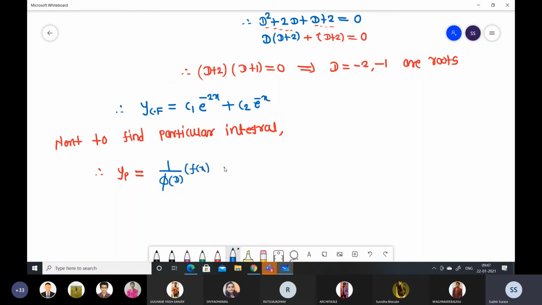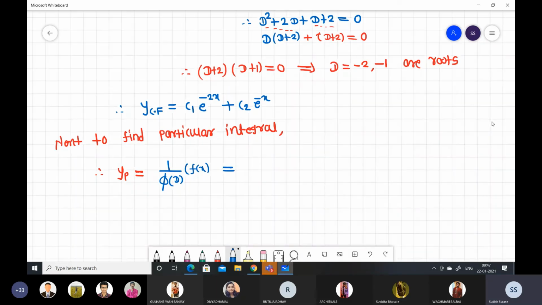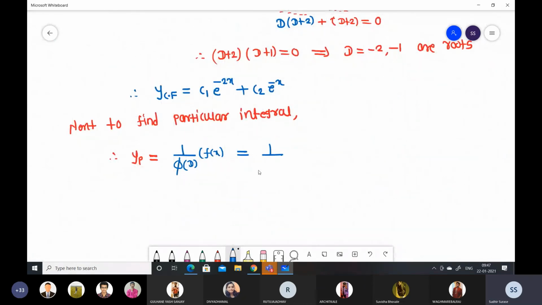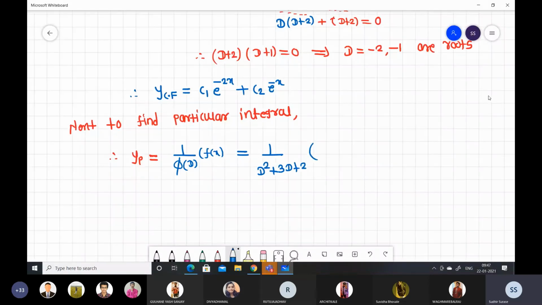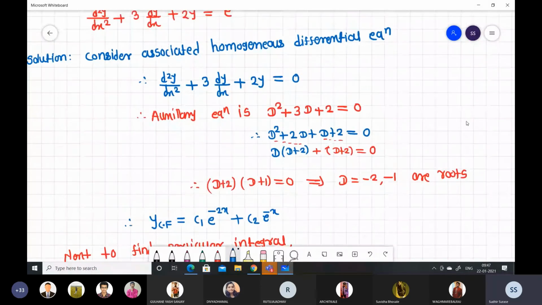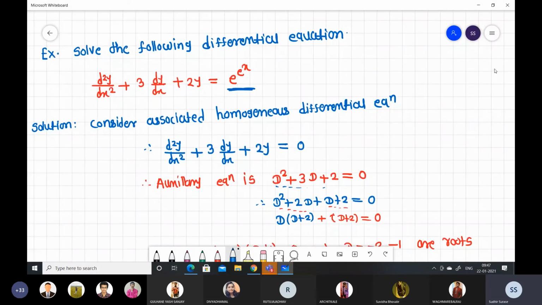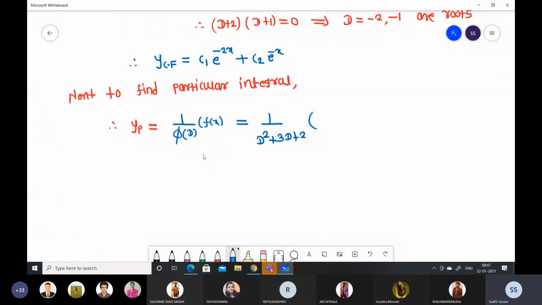This is the formula, okay? But 1 upon phi of d means here what we have? Here we have this auxiliary equation d square plus 3d plus 2. 1 upon d square plus 3d plus 2, and right hand side f of x, here what we have? Here we can see the right hand side is this e to the power x. And this operator you have to write in the denominator, okay? 1 upon this and e to the power x.